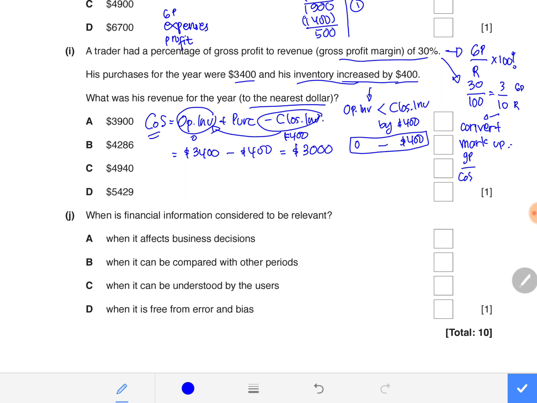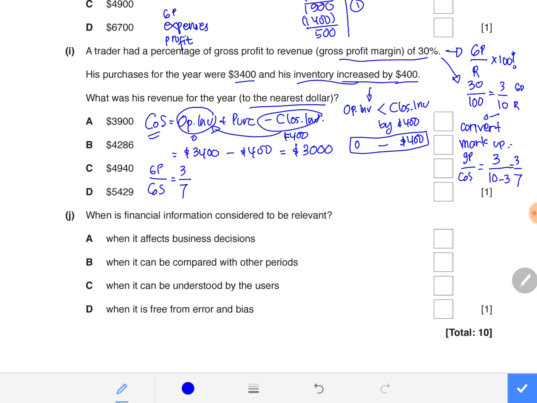Remember, from margin to markup you have to reduce. How to reduce? First of all, gross profit is 3, and revenue is 10 minus 3, so it is 3/7. So gross profit over cost of sales is 3/7.